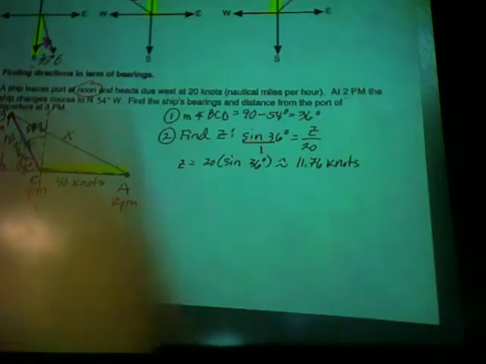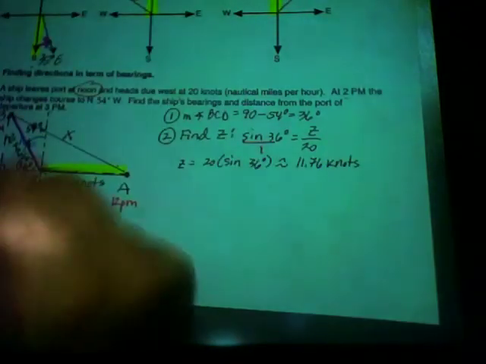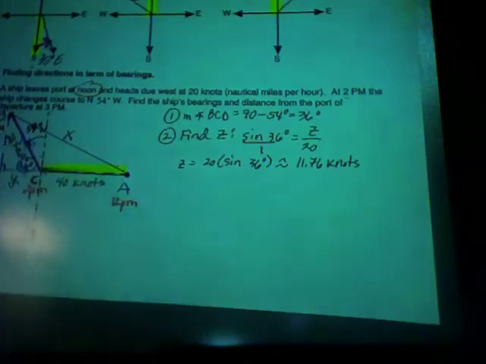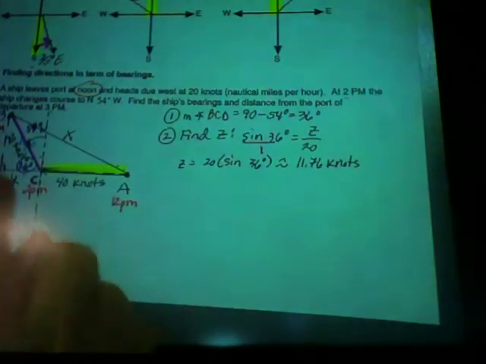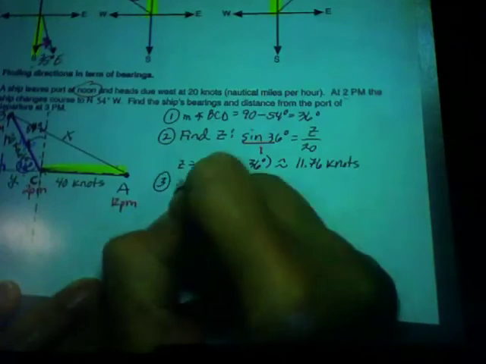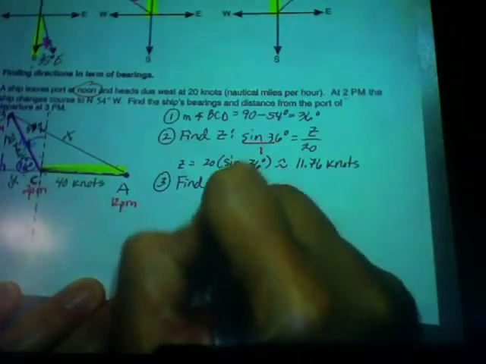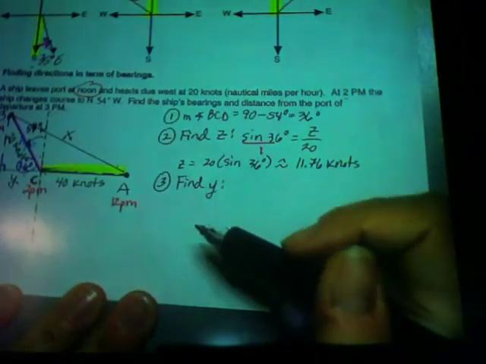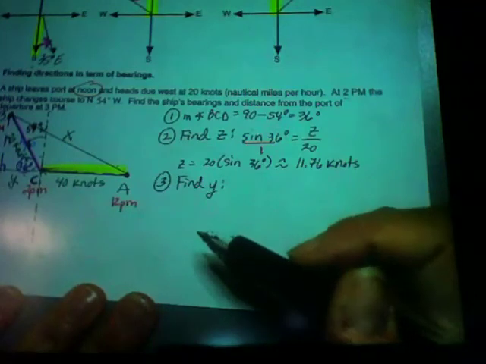Then we're going to find this little piece here. We're going to call this little piece between D and C, Y. Don't I have a right triangle here? Don't I know two sides of the right triangle? I could use trig again, but why, when I could use the Pythagorean Theorem? So we're going to find Y. What squared plus what squared equals what squared?